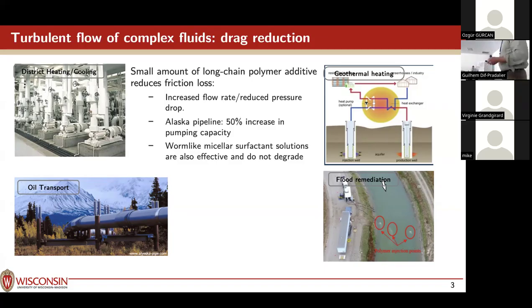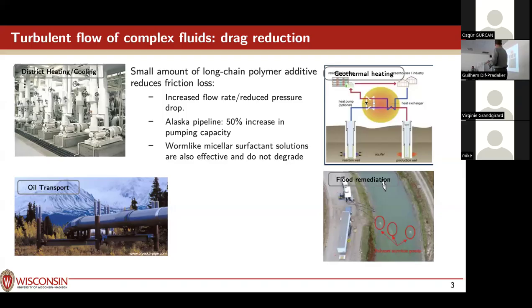There's an interesting experiment just a couple of years ago. A civil engineering group added polyacrylamide, which is a very inexpensive long chain polymer, in large quantities to an irrigation canal. Because of the drag reduction, because the friction is lower, for the same flow rate at steady state, you would have a lower elevation in the canal.